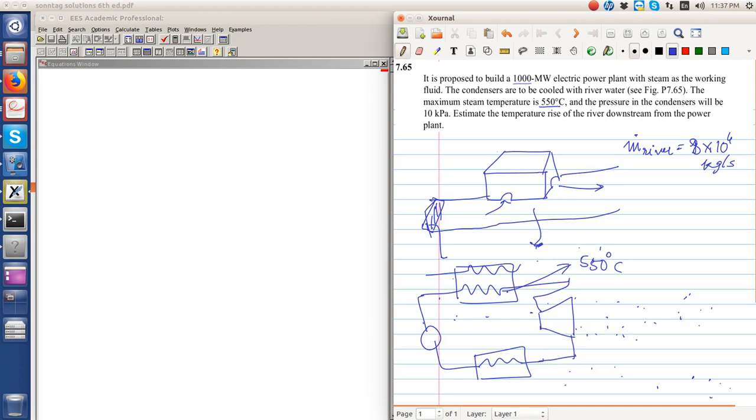The condenser temperature is given, and it is given that the pressure in that condenser is equal to 10 kilopascal. So we must find out the saturation temperature corresponding to this condenser pressure.